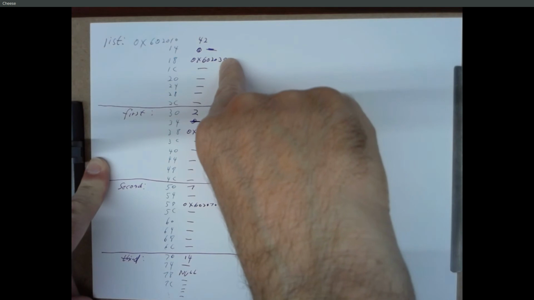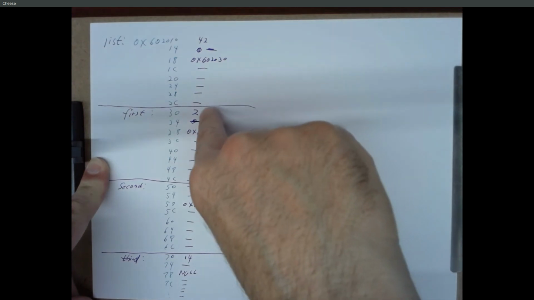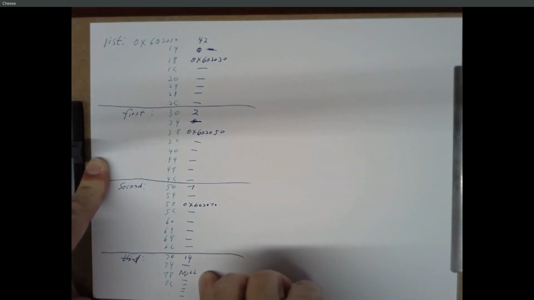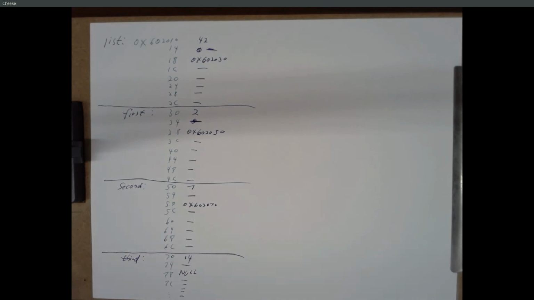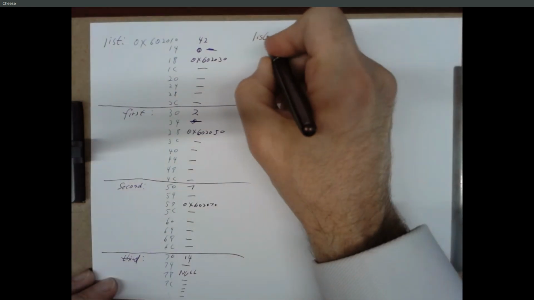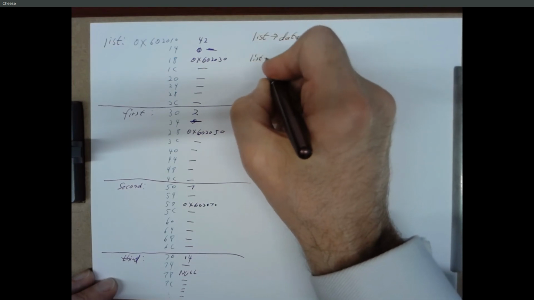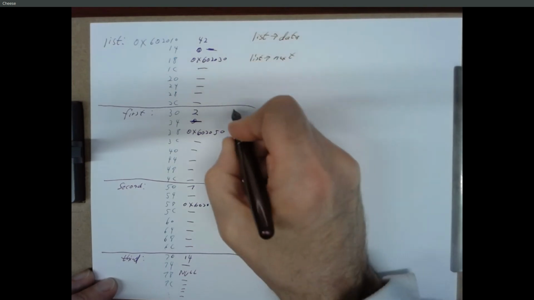Sentinel node, pointer to next, data value, pointer to next, data value, pointer to next, data value, pointer to next, which is null. So this is list data, this is list next, and so on.